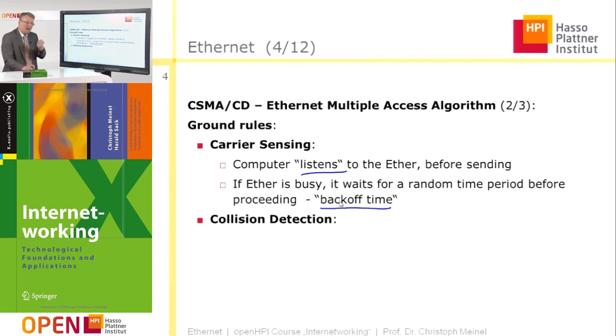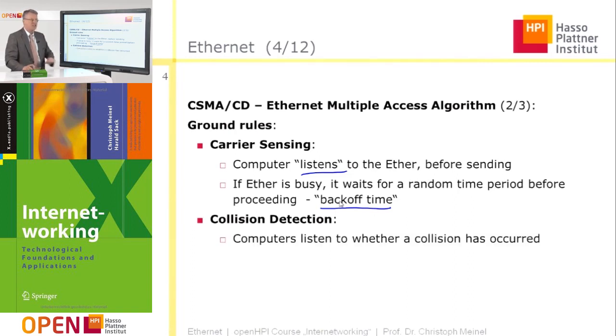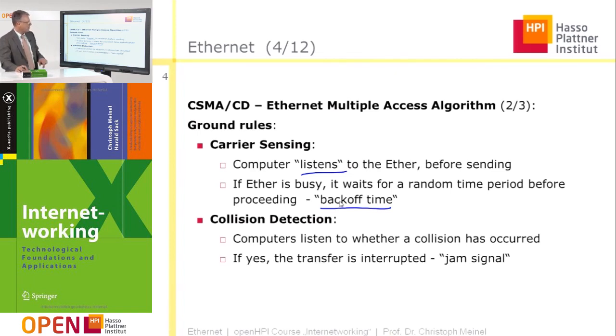The second basic rule is collision detection. So the computers which want to send and the other computers listen to the cable, and in the moment there is a collision, they can find out that there is not a regular use of the network, that there are overlaid signals and other problems.